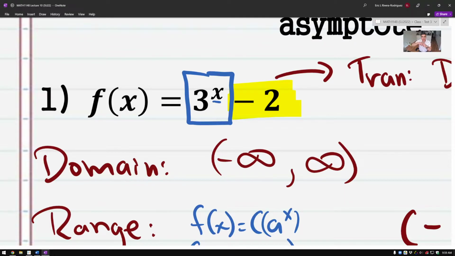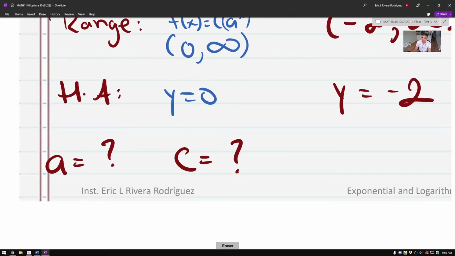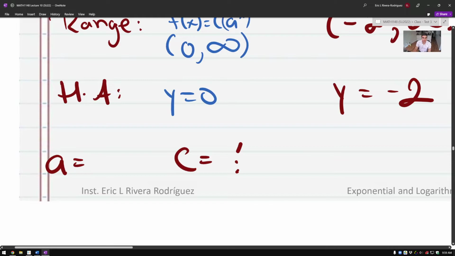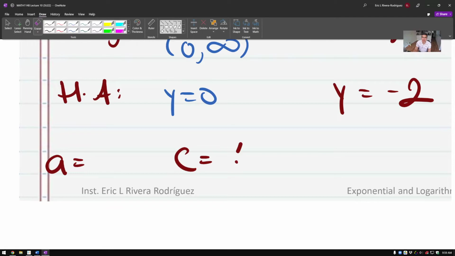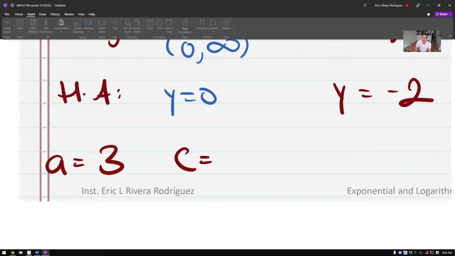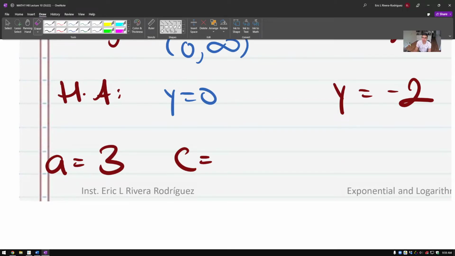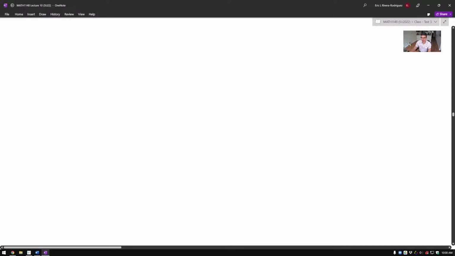The base is 3, but there are no other numbers there, so the value of c is 1. So base is 3 and c is 1. Careful with that, Timothy. Yes, 3 is prime, but again, we are going to see an example where c is not 1, so we can identify base and the constant value correctly.